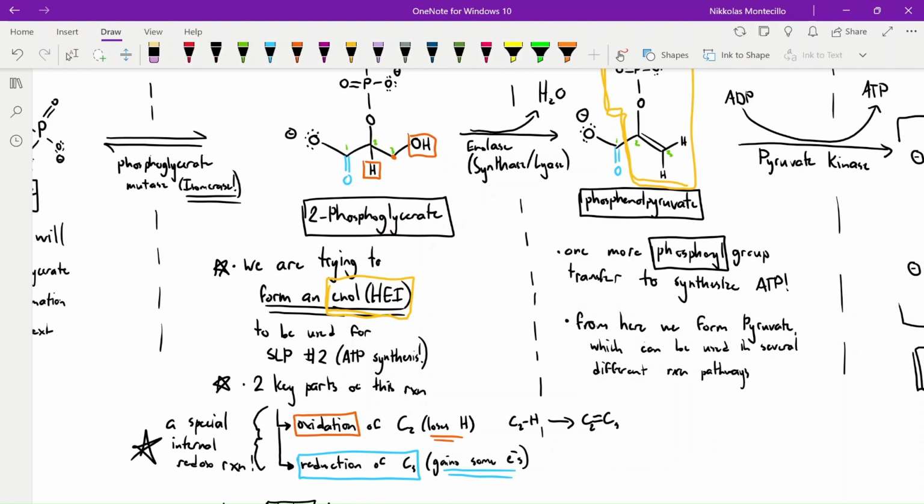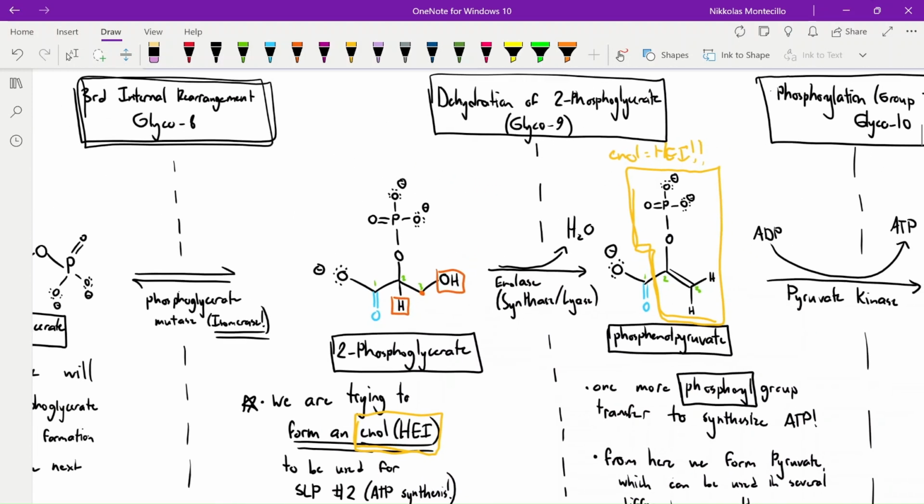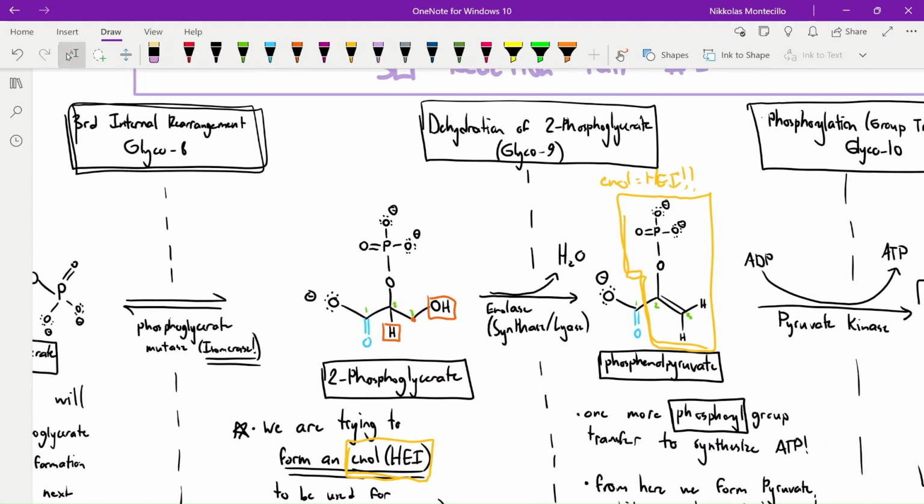This is an internal redox reaction, but because there's a formation of a carbon-carbon bond, this is a synthase or lyase reaction. And we see here that water is lost too, right? So it's a condensation reaction. A condensation reaction means that water is lost to form a bond between two atoms, and in this case the two atoms are carbon-carbon bonds.